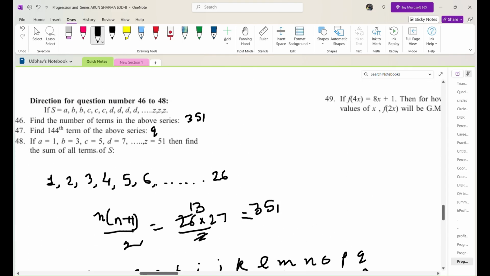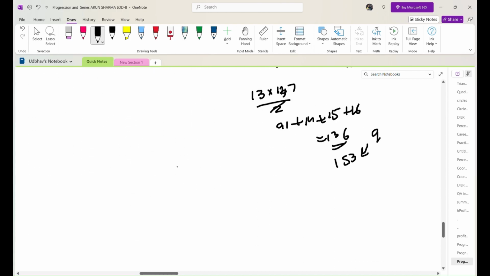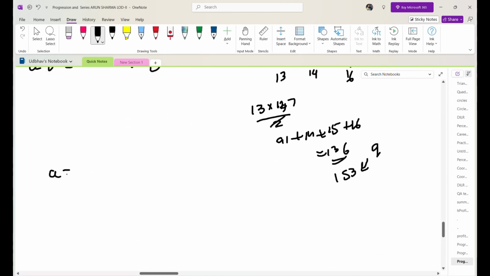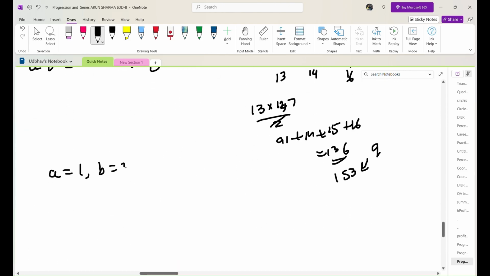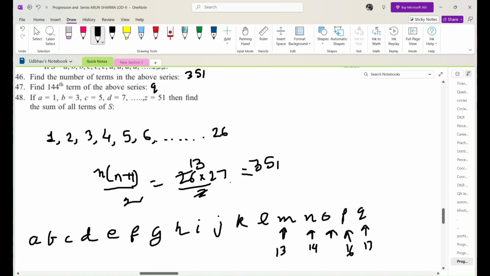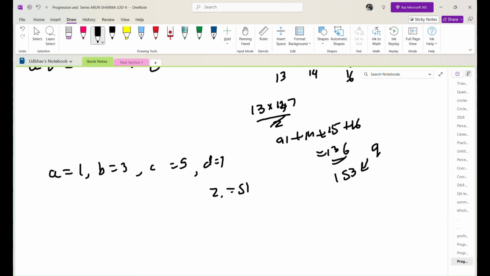If A equals 1, B equals 3, C equals 5, D equals 7, and Z equals 51, then find the sum of all the terms. Okay, if A equals 1, B equals 3, C equals 5, D equals 7, and Z equals 51, find the sum of all the terms.